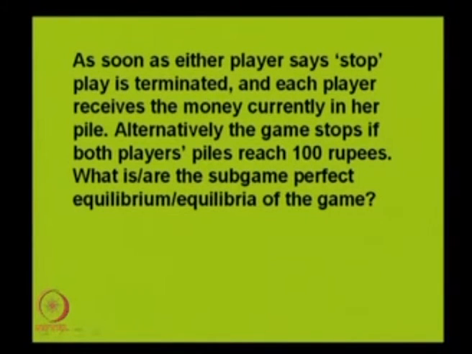If in stage 2 player 2 does not say stop but says continue, then 1 rupee will be taken from him and 2 rupees will be given to player 1. So, in the third stage player 2 will be left with 2 rupees and player 1 will be left with 2 rupees, and then it is up to player 1 to continue or not.